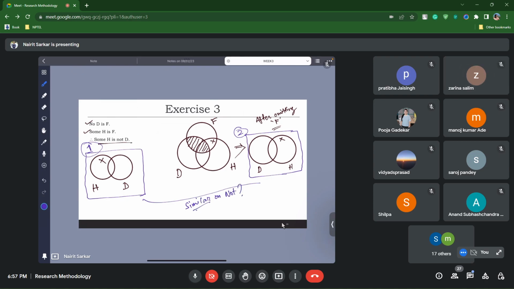Similar, right? So if it is similar, that means the syllogism is valid. That's it. You have to just visualize from this complex Venn whether we got the conclusion or not. You always have to visualize.